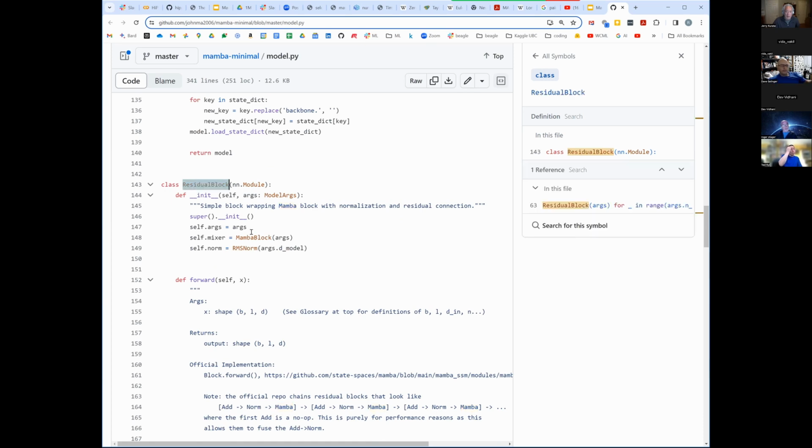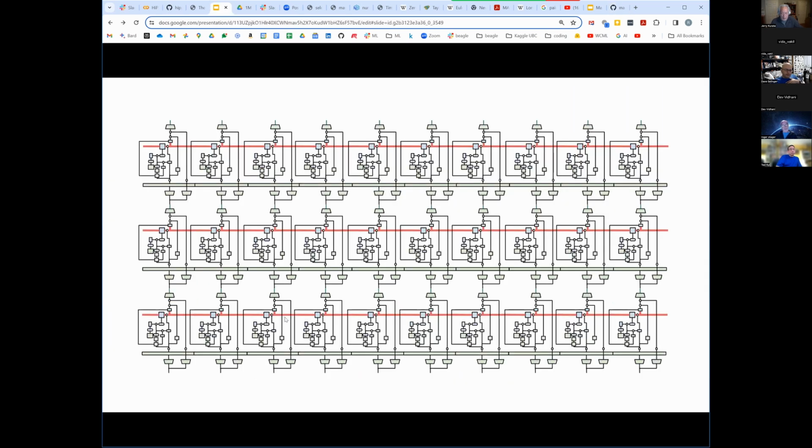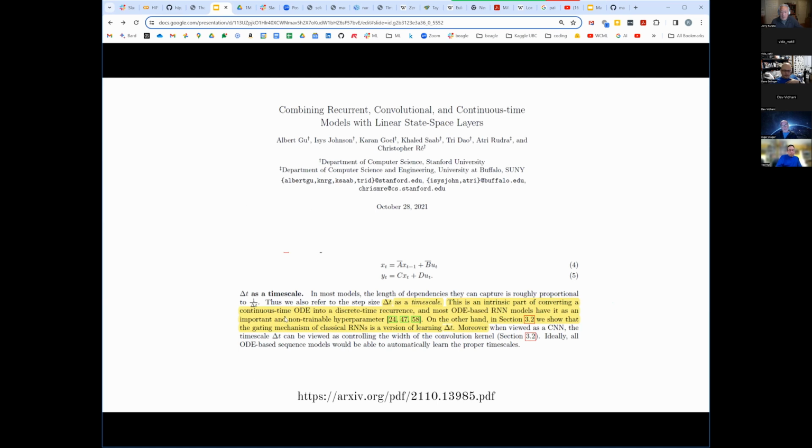Oh, I ended up sending the link to the parallel implementation that someone else did. This is in John Ma's implementation. Yeah, I have sent a link to the original code base where the residual connection is on that line. Oh, on the State Spaces GitHub. Yeah, it's at the bottom. It's the last entry in the chat.